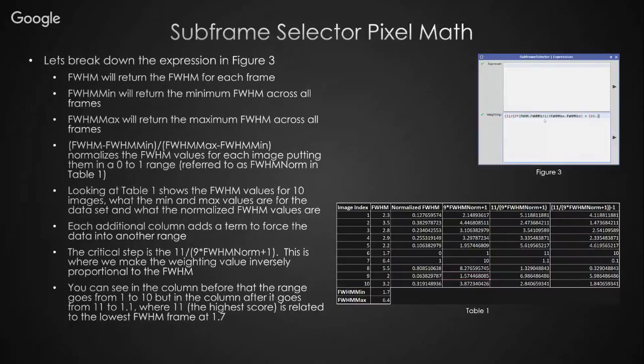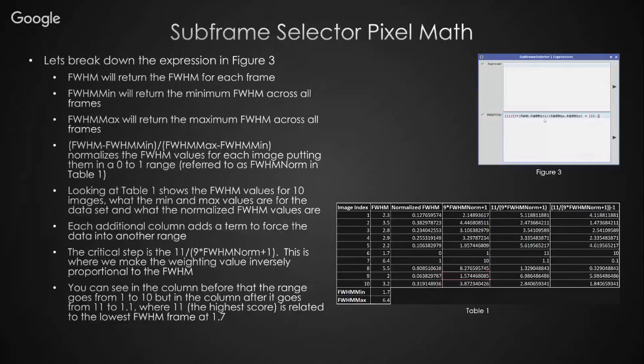So you select a bunch of images, you measure them, and that will be, for this particular image, what the average full width half maximum was. The new subframe selector process has full width half maximum min and max functions. This will return the minimum and maximum data for the entire set of images that you're looking at.